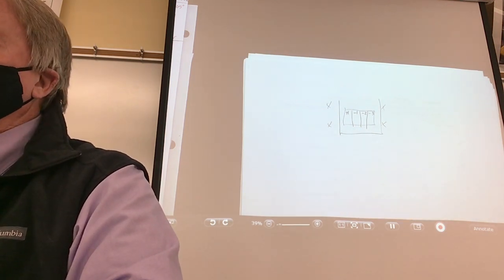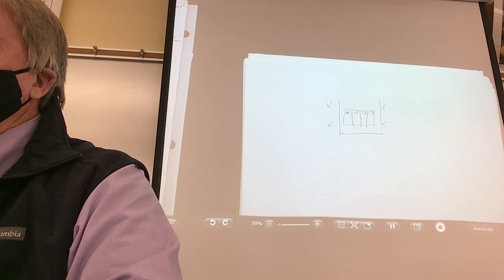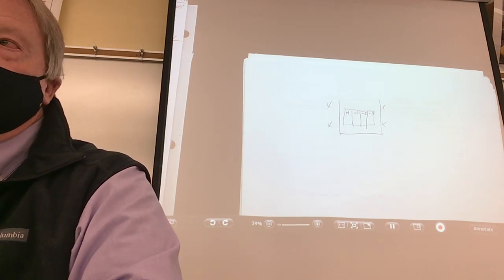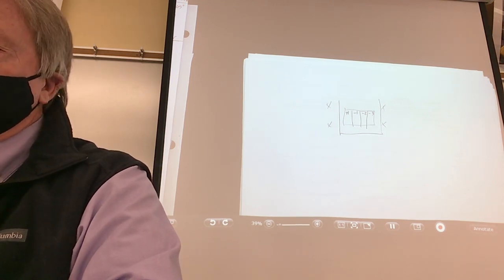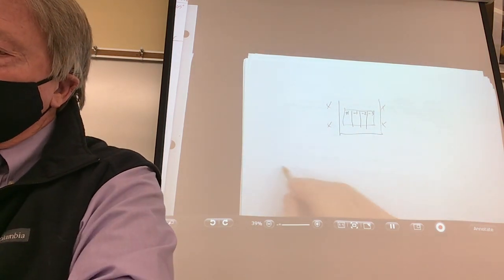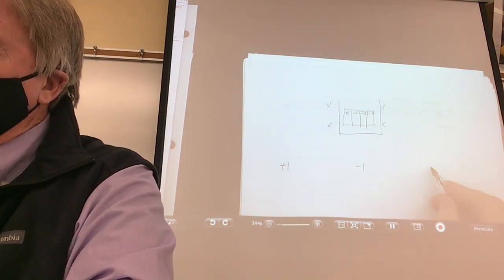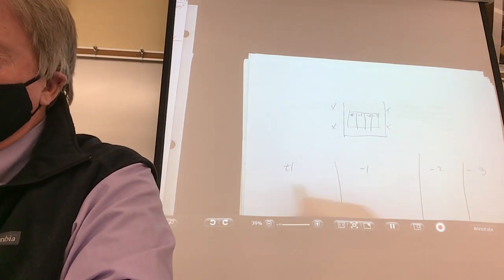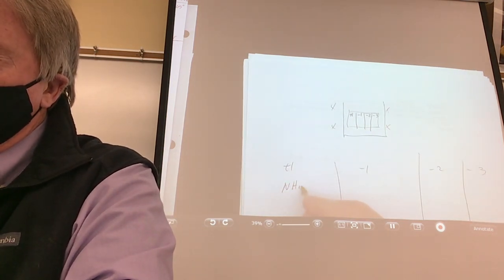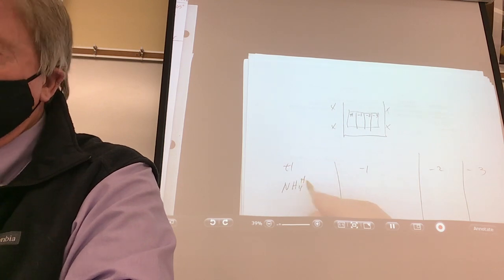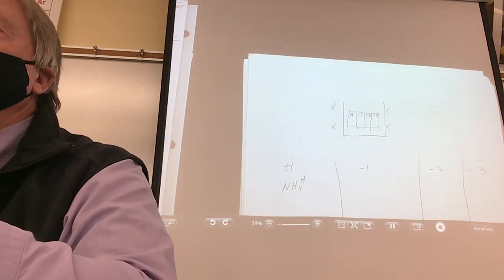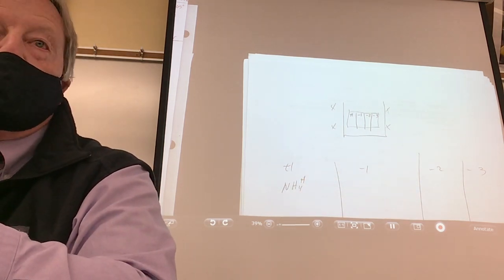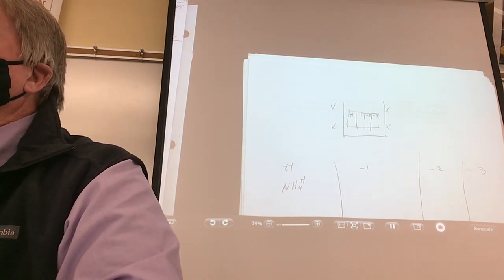You say, all right, Max, you start. And Max says, I want to win this game. I'm going to put one there that's really easy. So there's +1, -1, -2, -3. Max does NH4 +1, and he says, ammonium. The judge says, correct. Now it's the next person's turn.